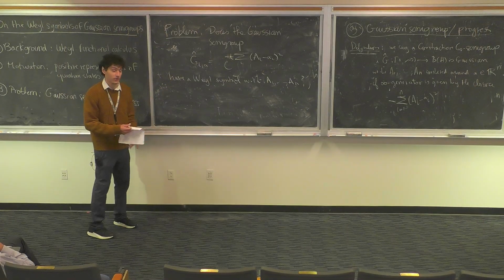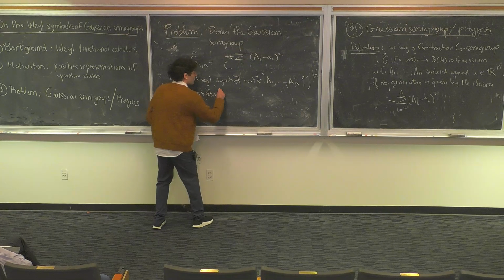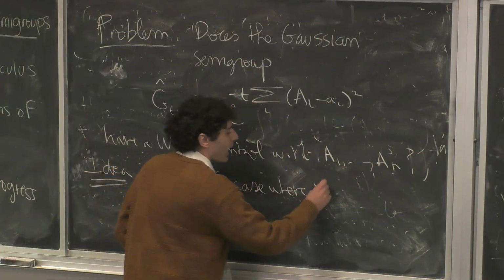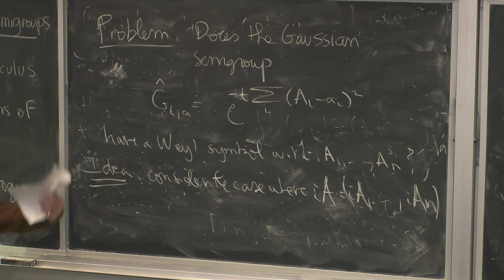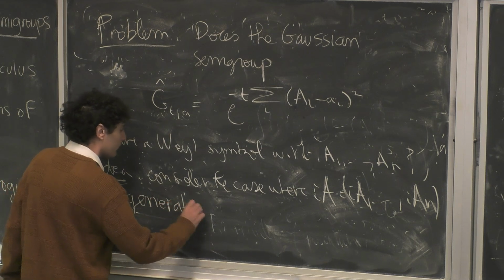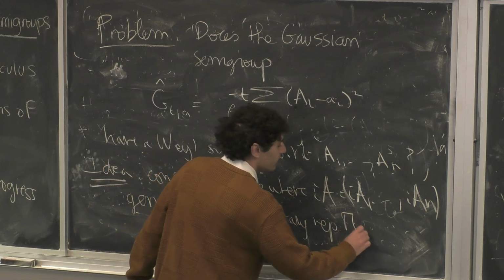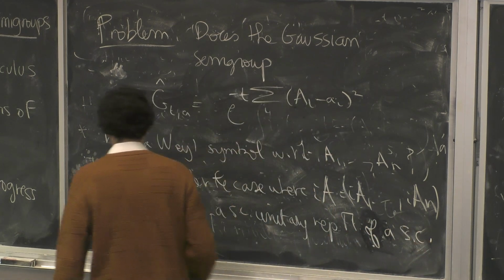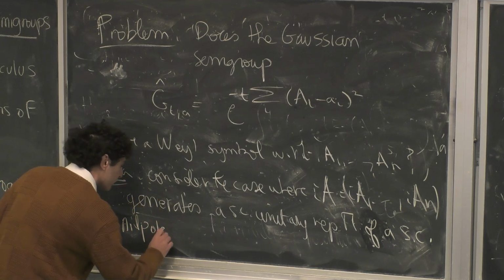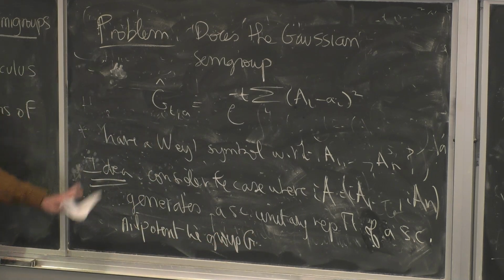So my idea to try to answer this question is to consider the case where iA, which is my skew-adjoint tuple, generates a strongly continuous unitary representation phi of a simply connected nilpotent Lie group, and translate this problem to a PDE problem.